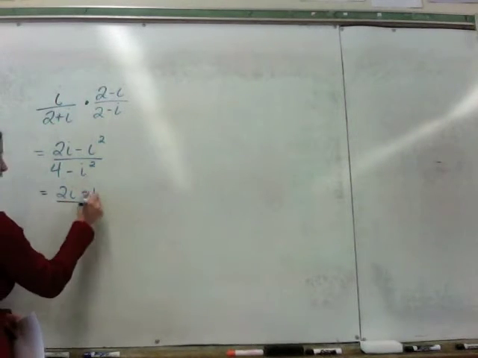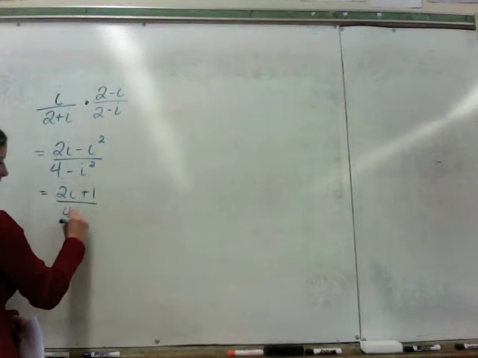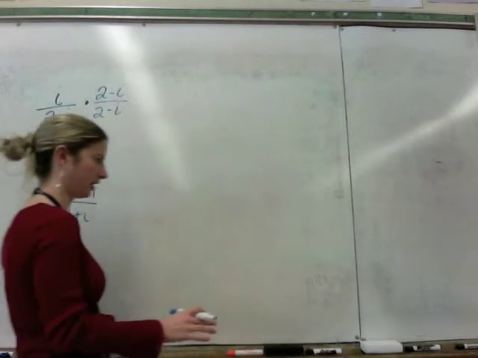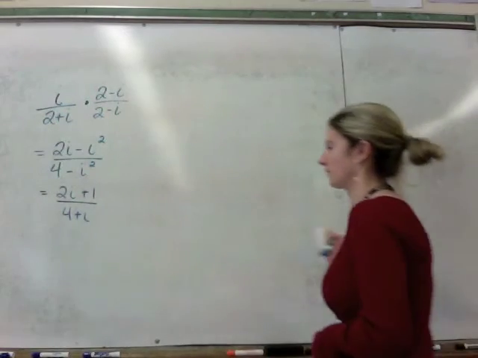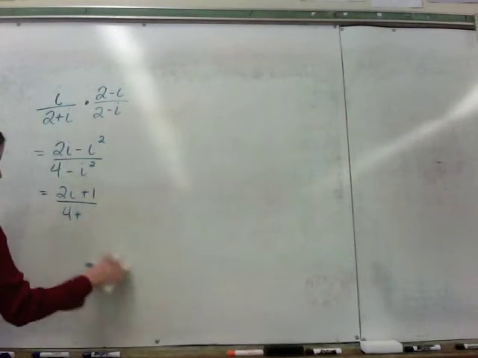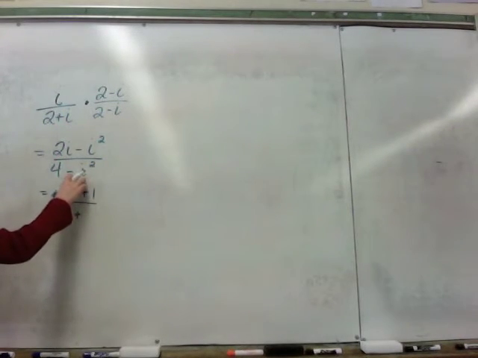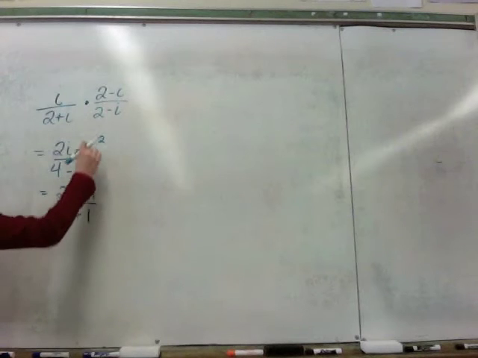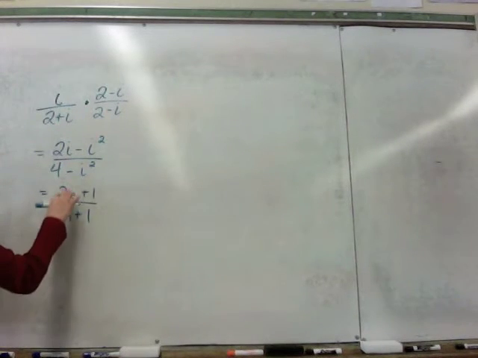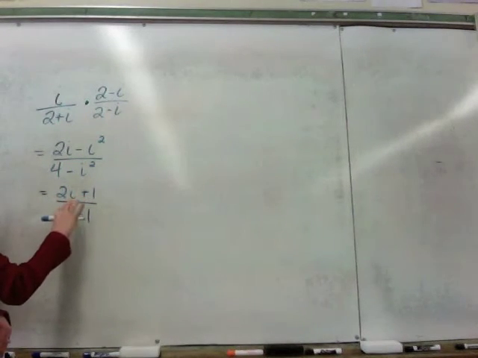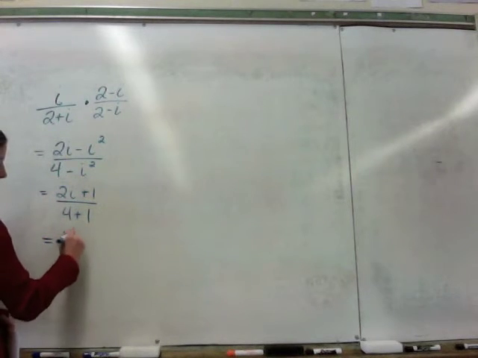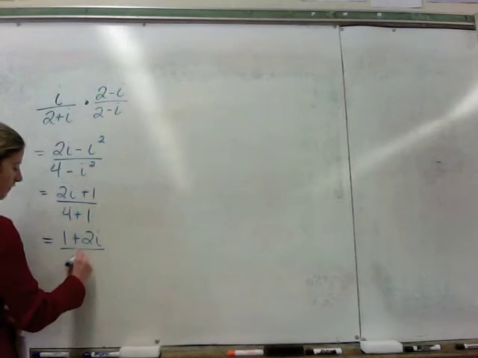Okay, over, and then this becomes 4 plus 1. Okay, because i squared is -1, minus a negative is plus 1, same thing up here. Okay, now this is in the wrong order, so I'm going to reverse that. So 1 plus 2i over 5.